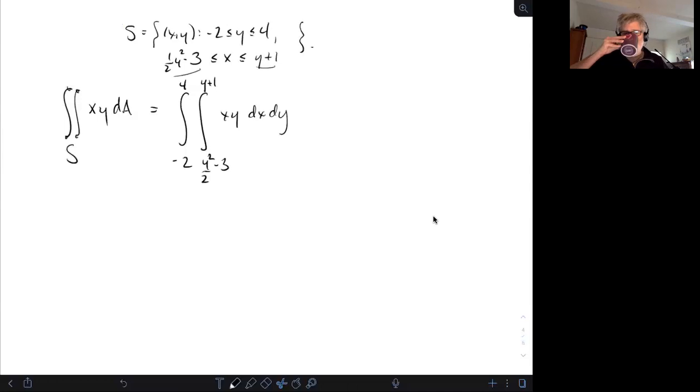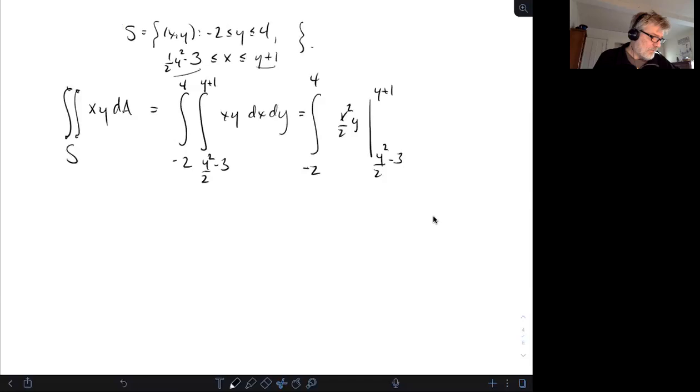Okay, and then now it's just integration. Start with the inside part. Let's do that. So -2 to 4. I'm integrating xy with respect to x, so this is x squared over 2 times y, evaluating between y squared over 2 minus 3 and y plus 1.